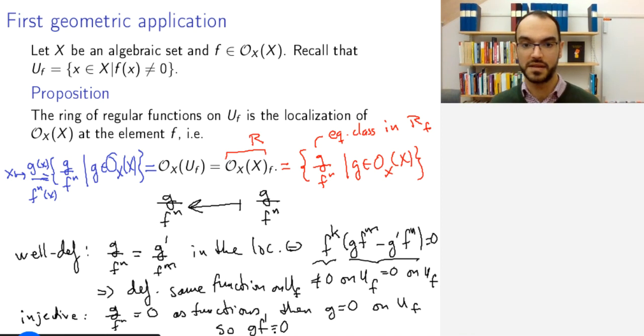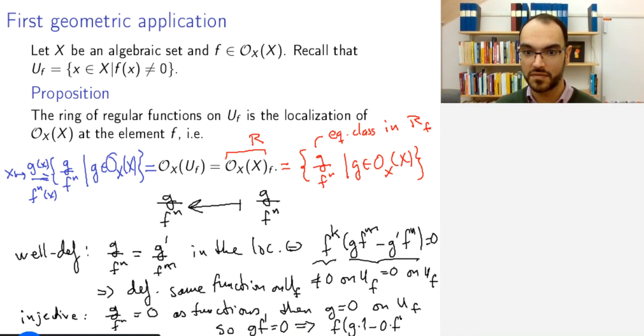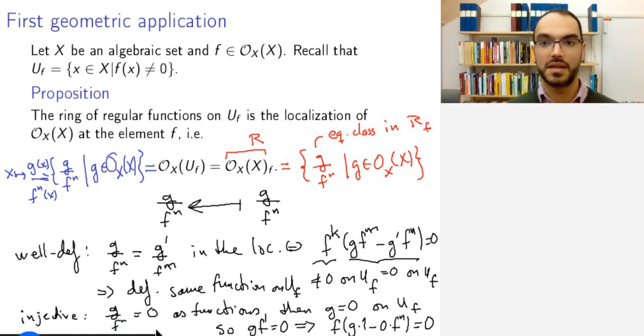So g f is identically 0, because outside U_f, that's where f is equal to 0. And from this, you conclude that f times (g times 1 minus 0 times f^n) is 0. And this precisely implies that g divided by f^n is equal to 0 divided by 1 in the localization. So this indeed does define a bijection, and you also assume that this is a ring homomorphism, which is easy to check. Then it is indeed an isomorphism. So these two things are the same thing.